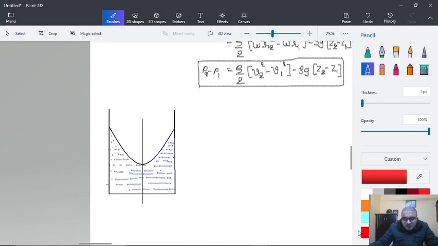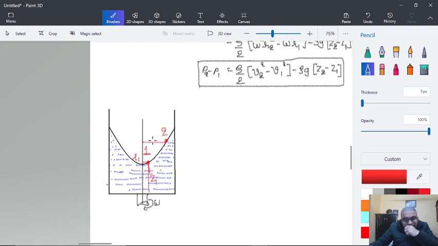Let's say that shaft is already there. Let's say both points are present on free surface. Z1 and R1 are as it is.